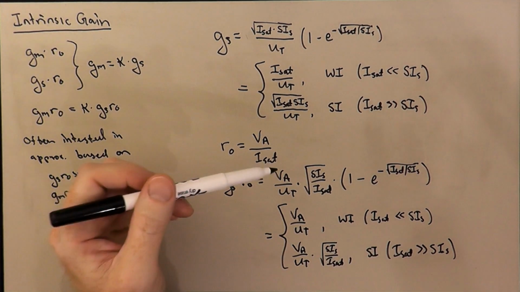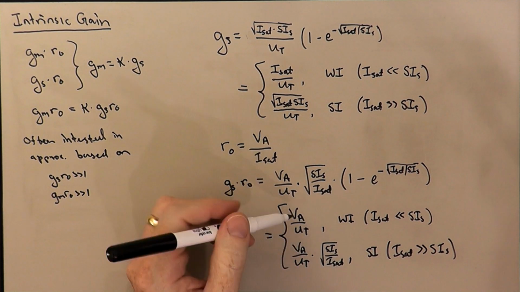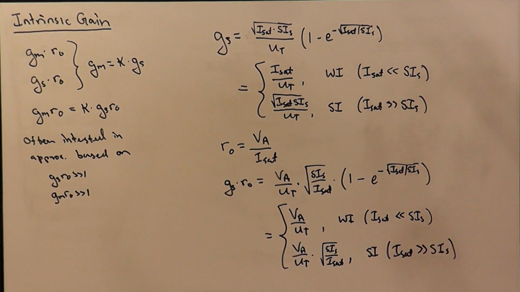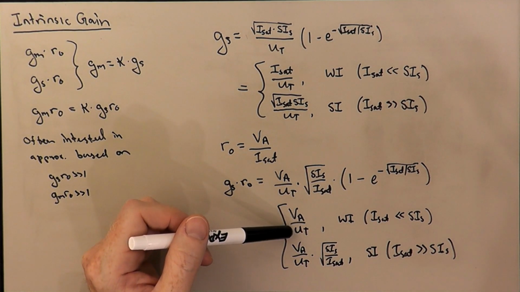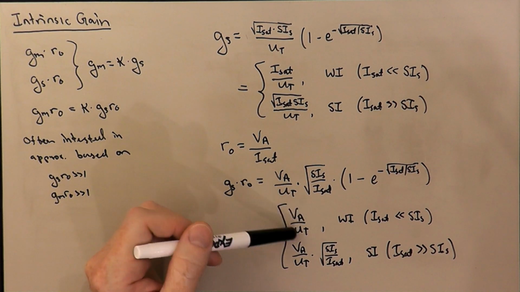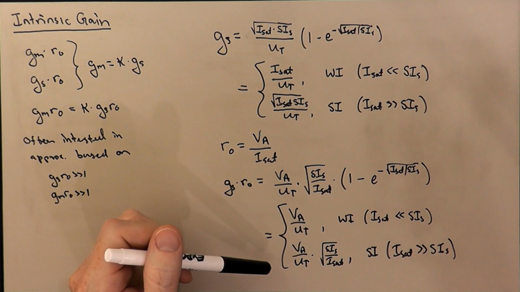And so we have here an interesting situation. If VA was a number on the order of, let's say, 25 volts, and UT is 25 millivolts at 300 Kelvin, then this VA over UT would be something like 1,000, give or take.